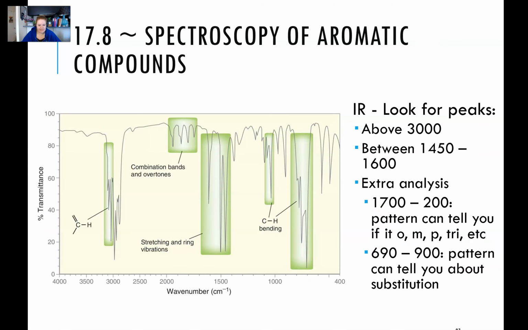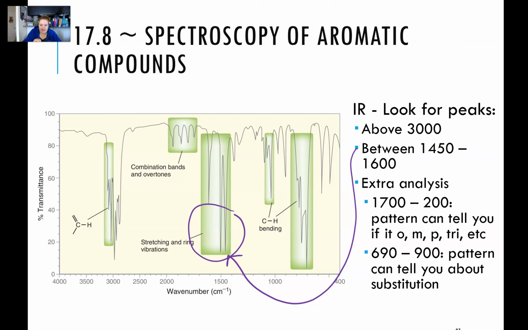All right, last couple slides in this chapter are things we've actually already talked about. We have an IR of where we would expect to see aromatic compounds or benzene compounds. So we know that in that 1415 to 1600 area, we're going to see carbon-carbon double bonds.